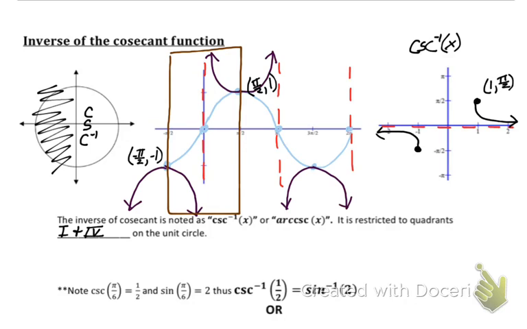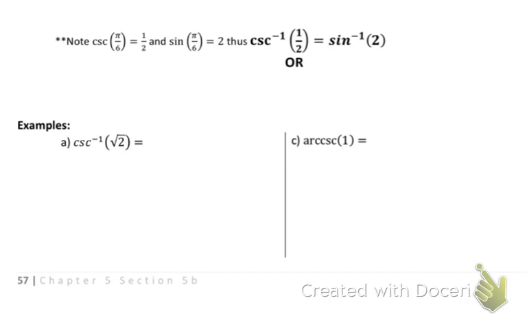When we did cosecant, so if I asked for the cosecant of pi over 6, I actually found 1 over sine of pi over 6 because they were reciprocals. With inverses, it's going to be different. The example isn't the greatest unless you can picture it. So cosecant of pi over 6 equals 2.